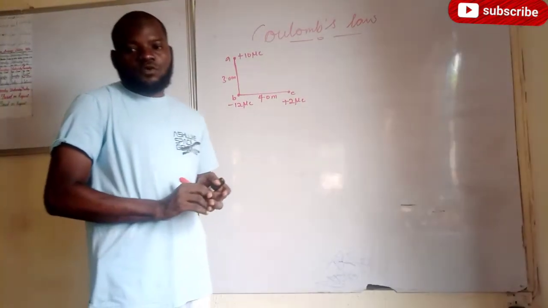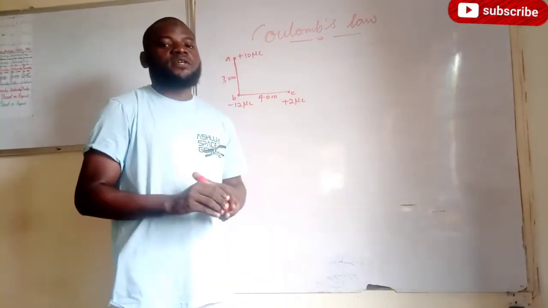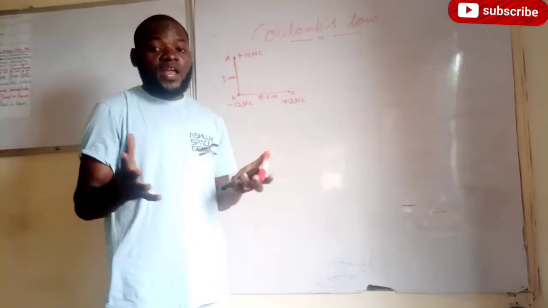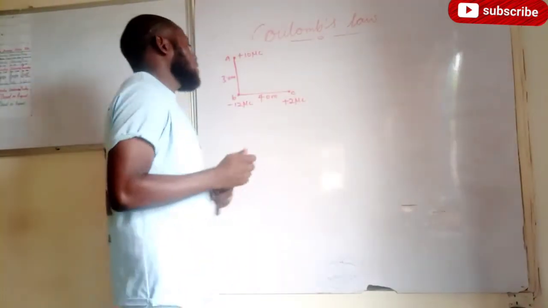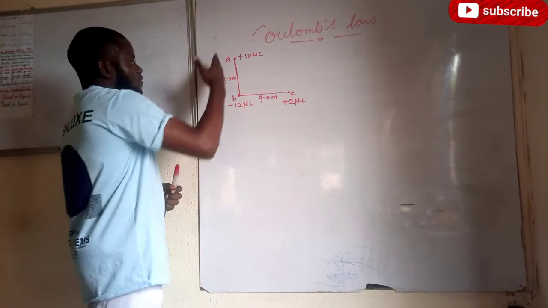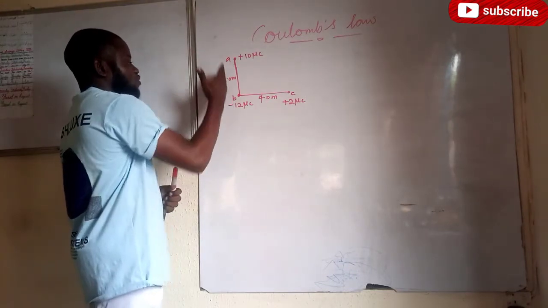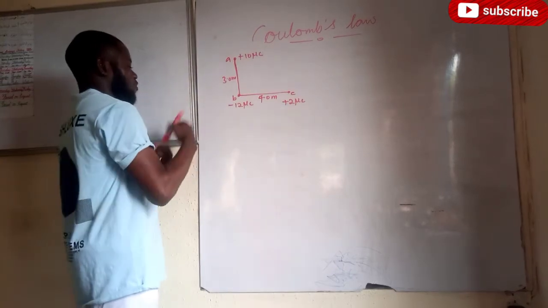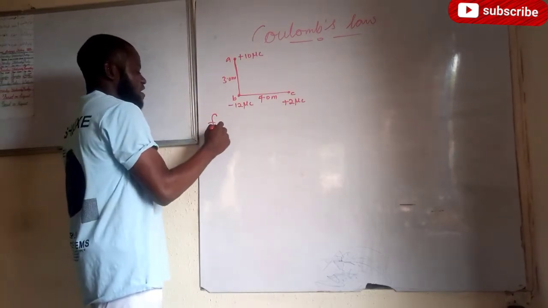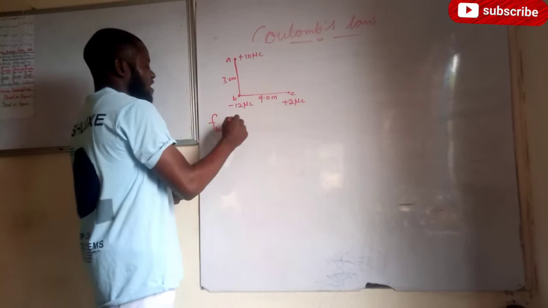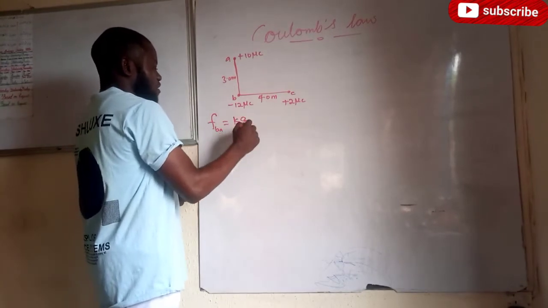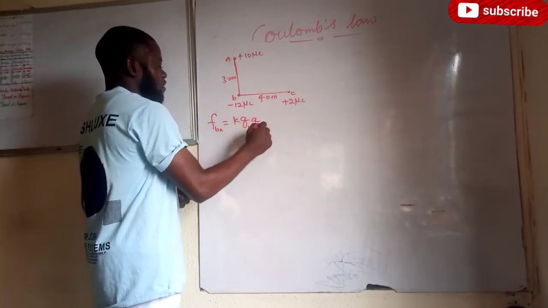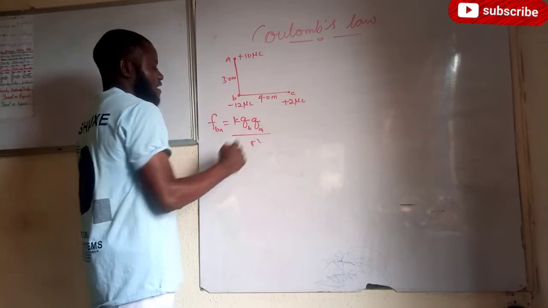Now, the reason why they told us that the charges are stationary is for us to understand that we can apply what? Coulomb's law. Cool. Now, how do we go about that? Well, first of all, look for the force between these two. That is the force of attraction between A and B. So we have that FBA equal KQB and QA divided by R squared.